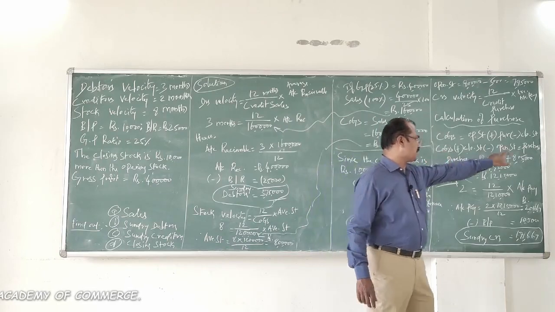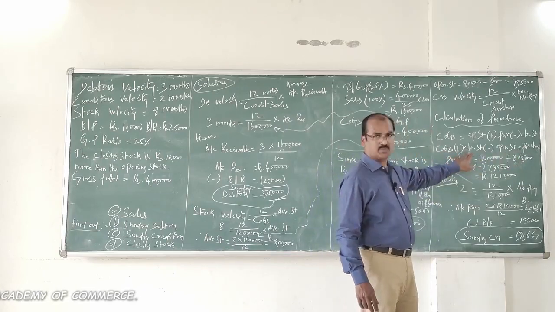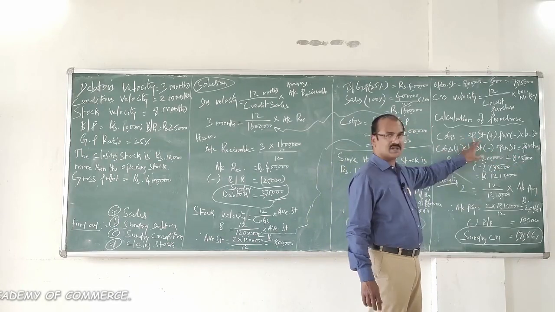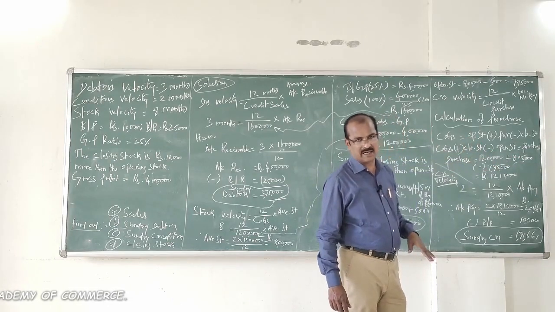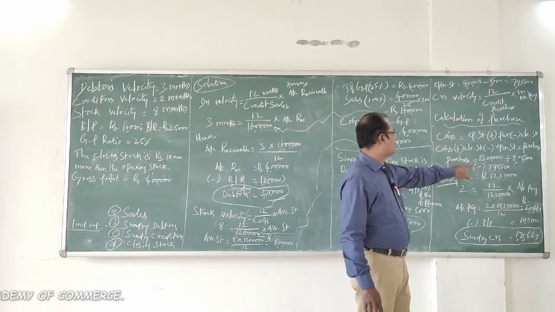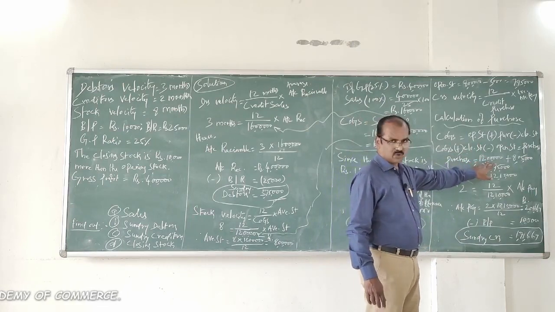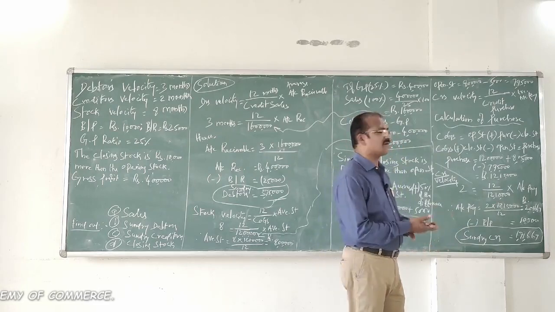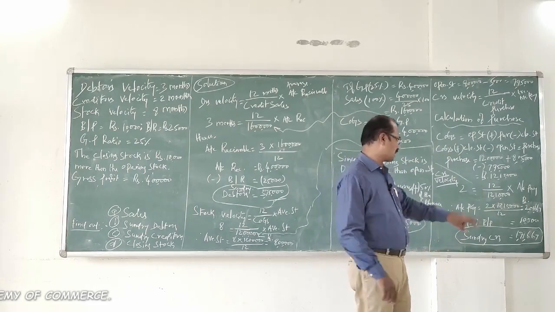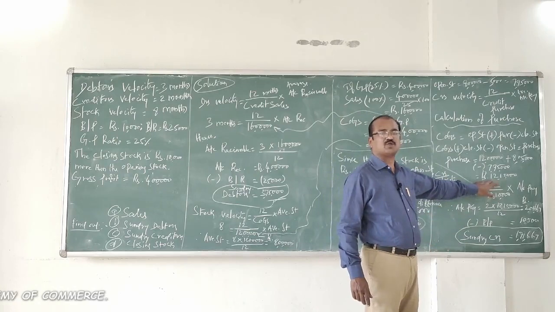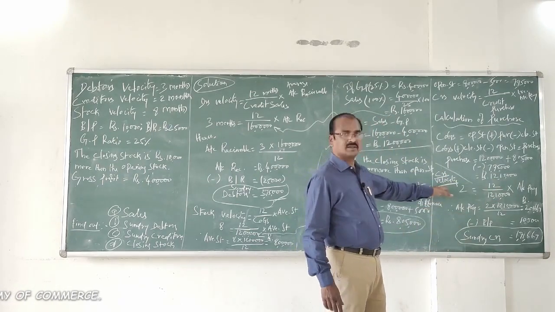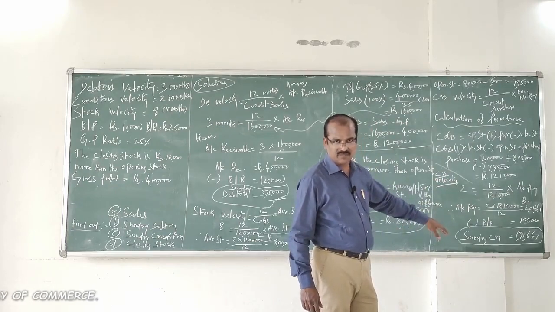Purchase is equal to cost of goods sold plus closing stock minus opening stock. That is how this original formula has been customized according to the requirement. Purchase is equal to 12 lakh rupees cost of goods sold plus 8 lakh 5,000 closing stock minus 7 lakh 95,000 opening stock. Therefore, what is the value of purchase? 12 lakh 10,000 rupees.